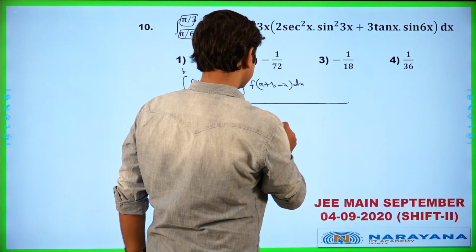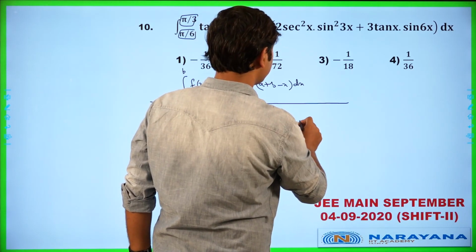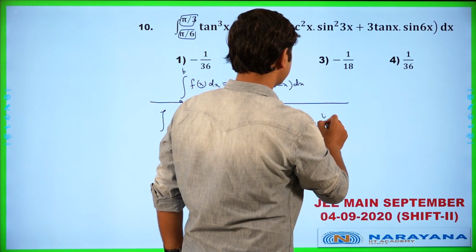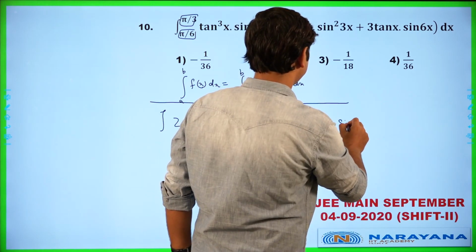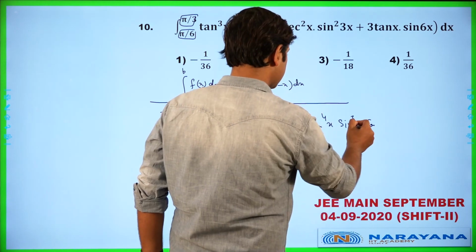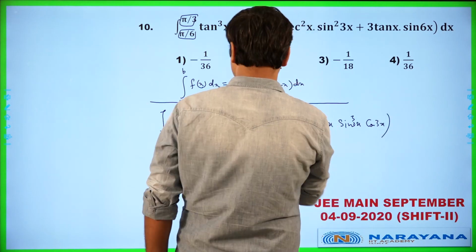So it will be twice of tan to the power 4x into sine cube 3x cos 3x.